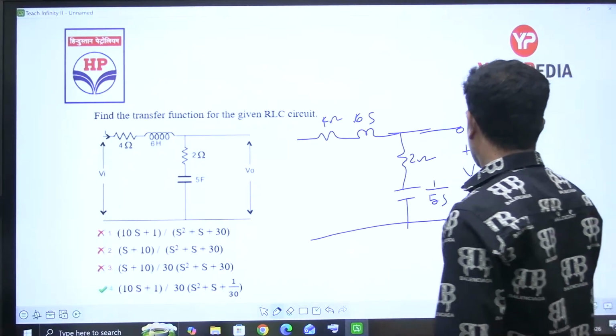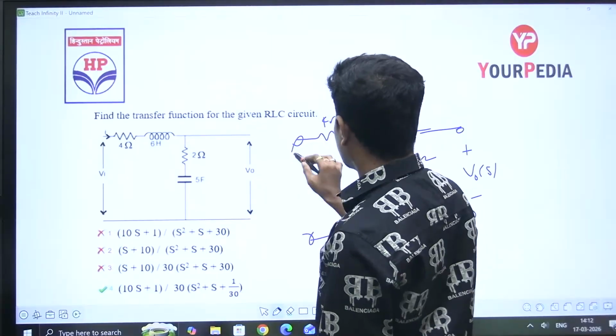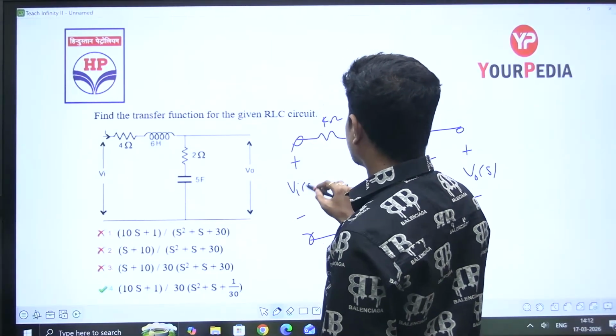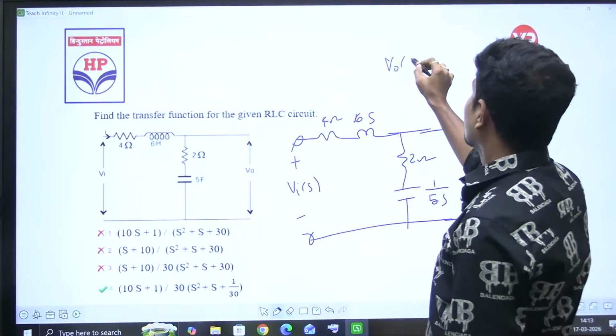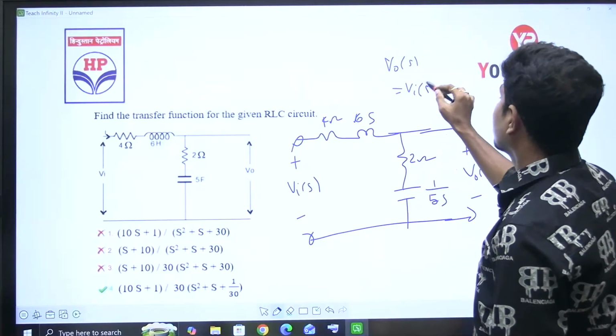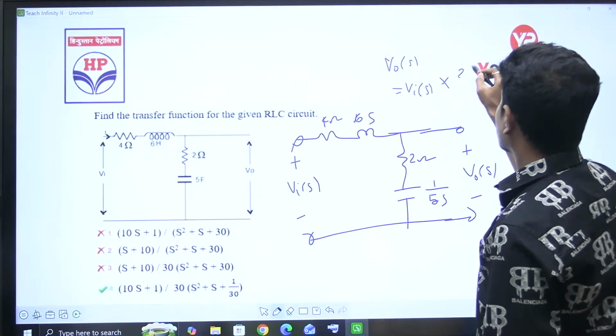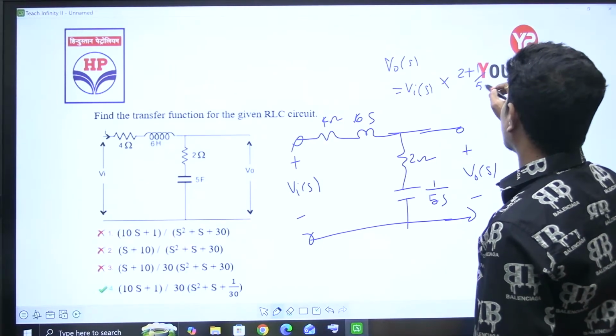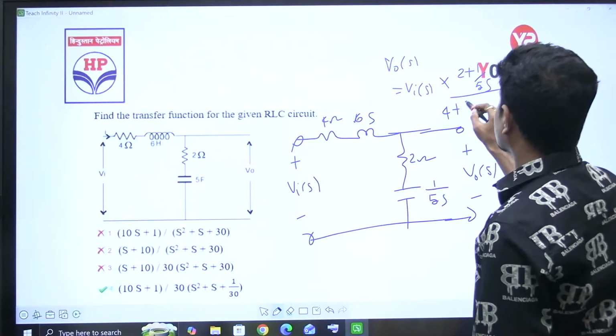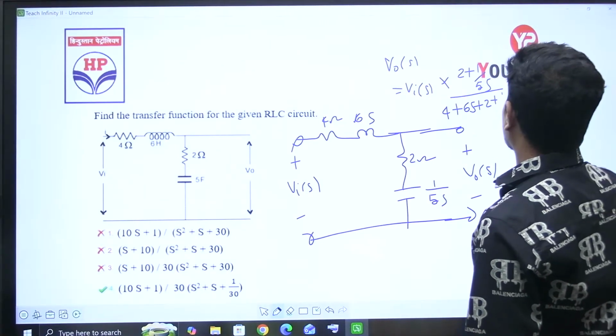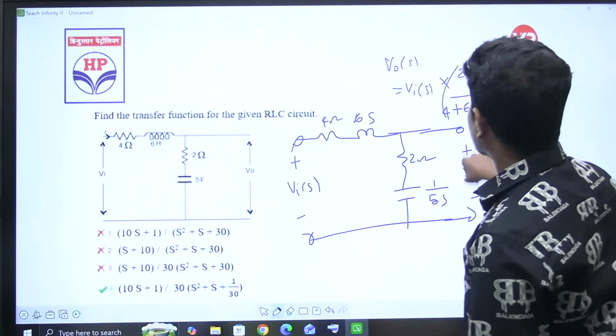This is V0 of S. This is VA of S. Now apply voltage division. V0 of S is equal to what? VA of S into output impedance, 2 plus 1 by 5S, by 4 plus 6S plus 2 plus 1 by 5S. If we simplify it, we get the answer.